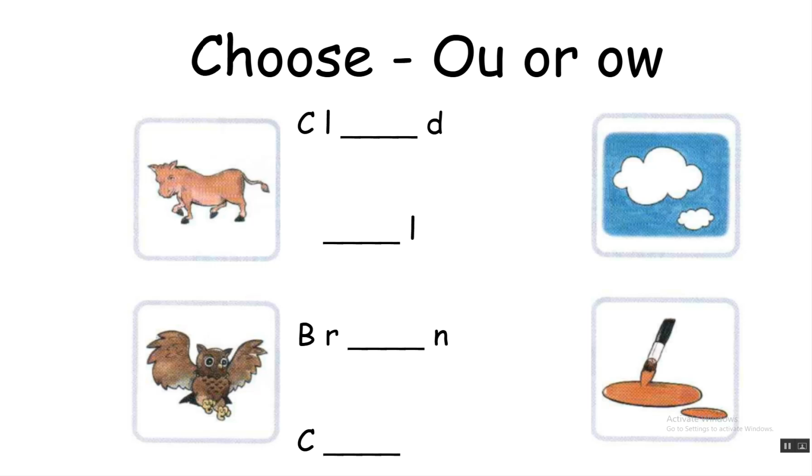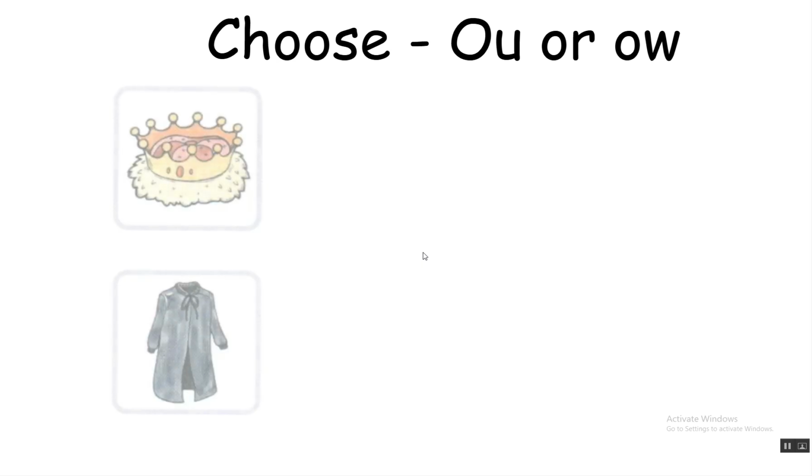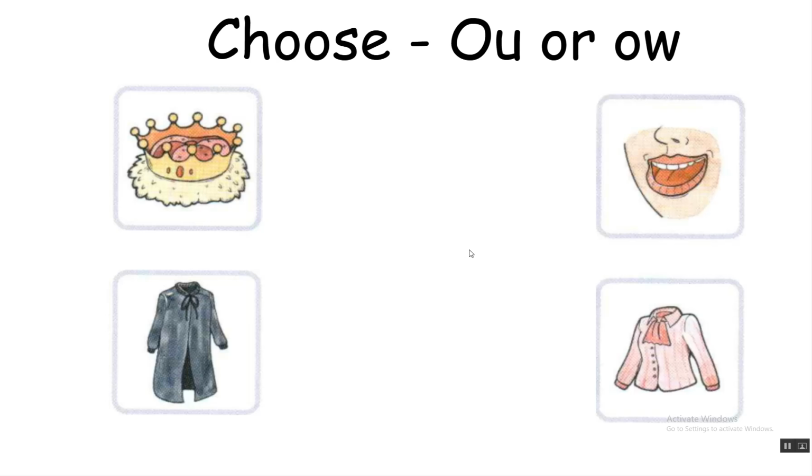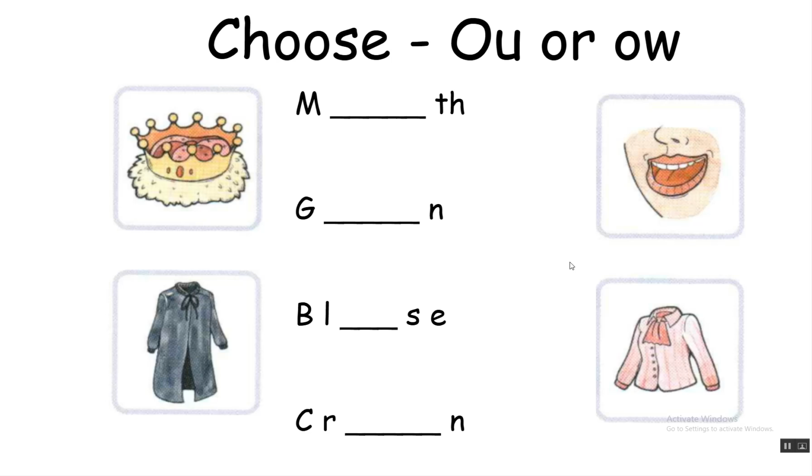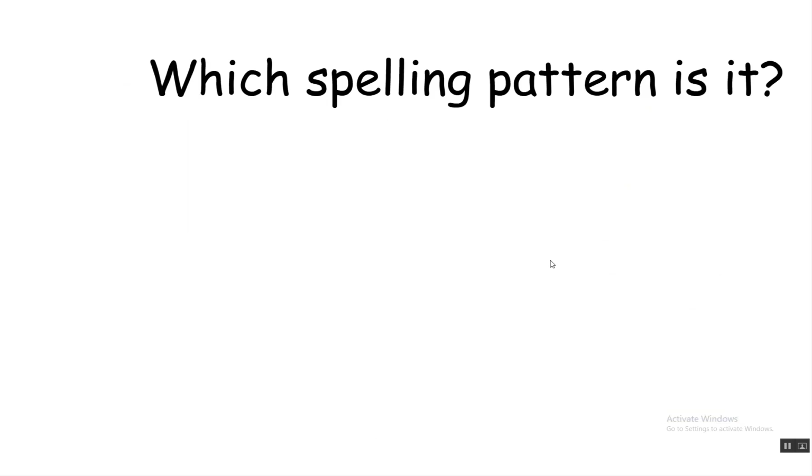Write your spellings in the comments box below and I will let you know if you're right. What about these ones? Crown, gown, mouth, blouse. Again, there is the words that is needed for these pictures. What is the right spelling of ow? Write your words down in the comments box below and I will let you know what they are.